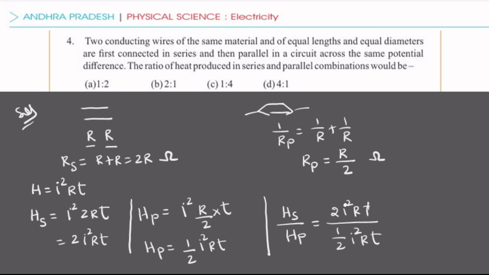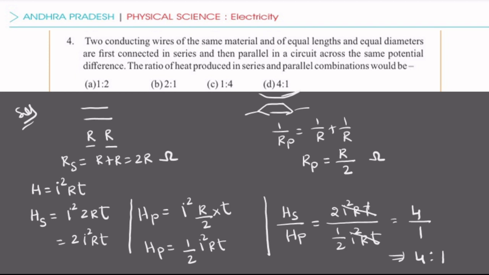So this I square RT will get cancelled. These two will go to the top. So we get 4 by 1. So simply the ratio will be 4:1. So where is 4:1? At option D we have 4:1. So D will be the correct answer for this problem.